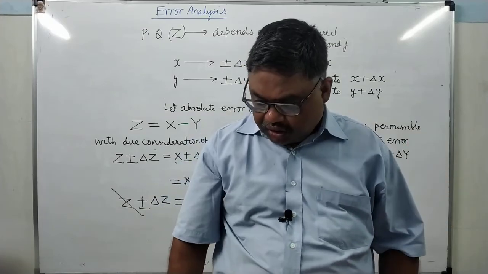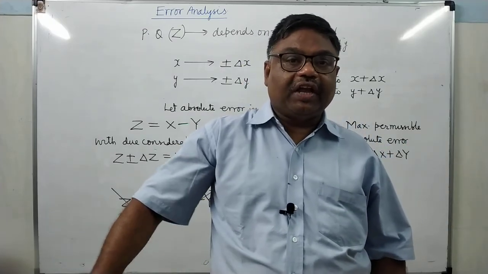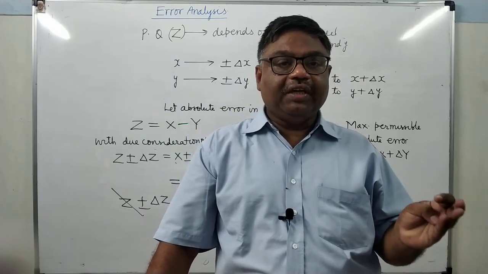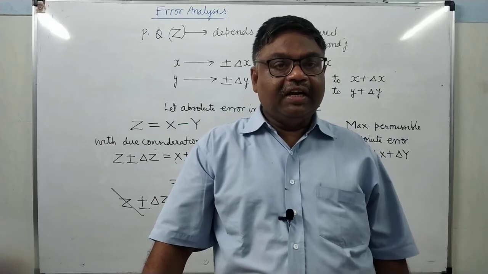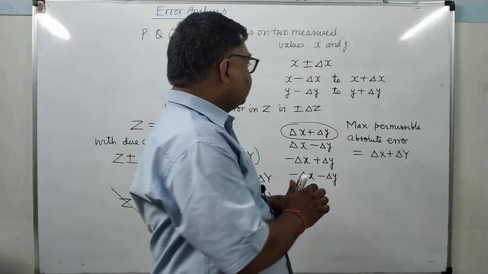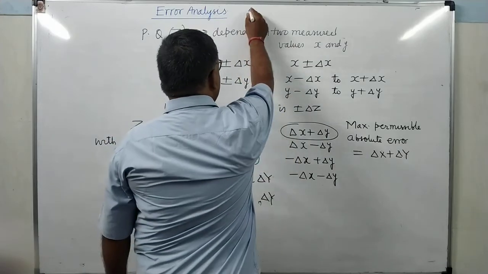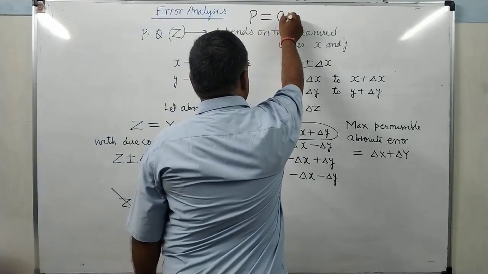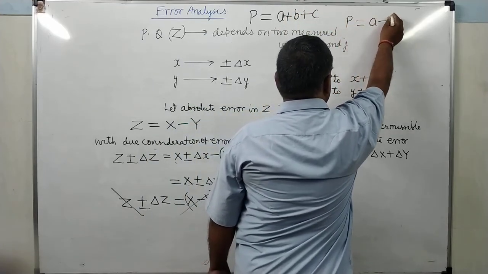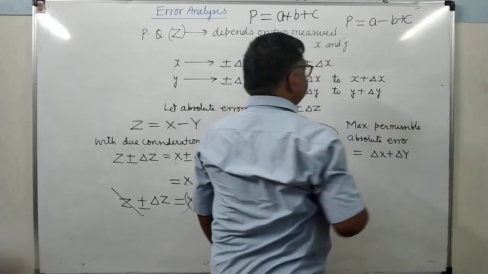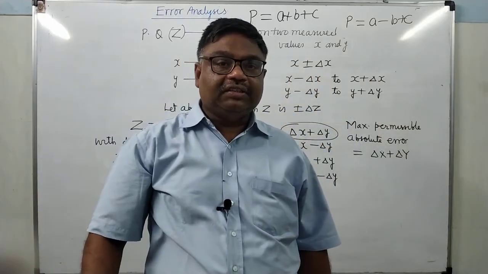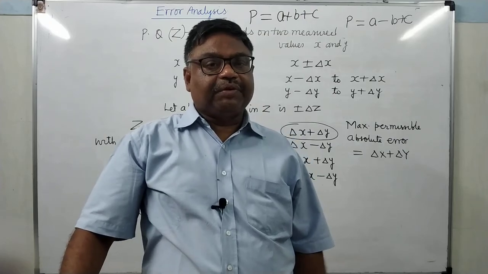So see here, if there is any physical quantity P, it depends upon some measured values A, B and C, and P is equal to A plus B plus C, or P is equal to A plus B minus C, or P equals A minus B plus C. It means the final result has been obtained either by adding or by subtraction.